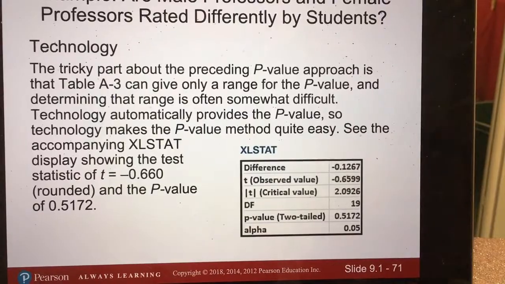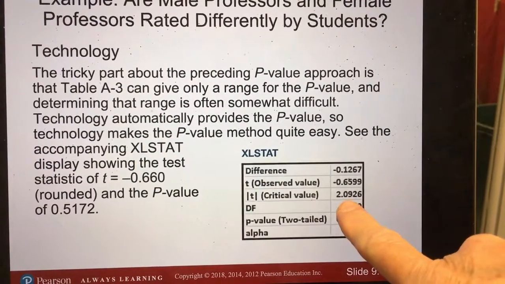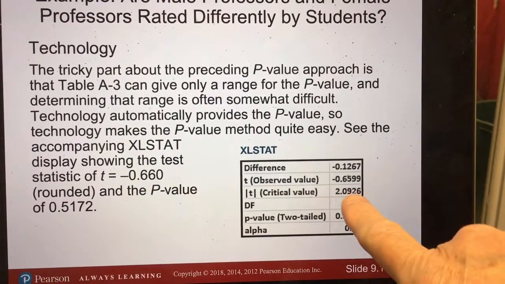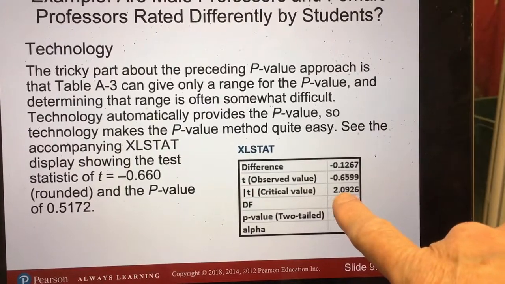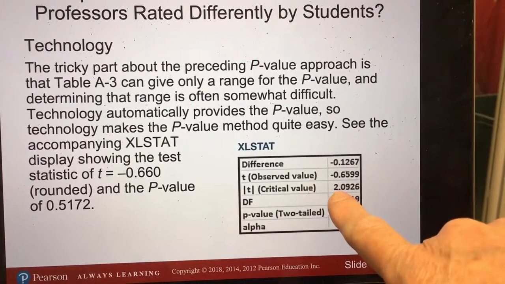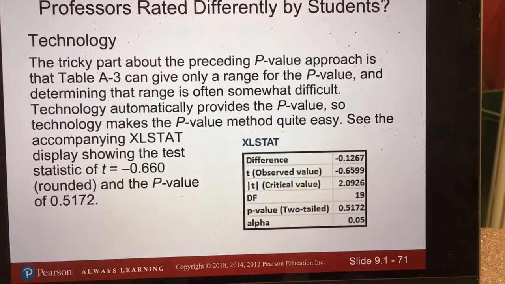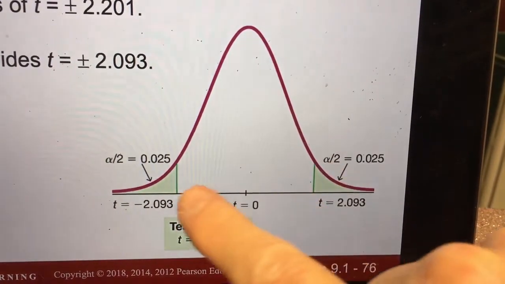But technology gave them 2.09 and we're getting 2.201. So there is a difference, but basically it's not going to affect our rejecting or failing to reject, because whether it's 2.09 or 2.20, we are nowhere close to being in the tails.